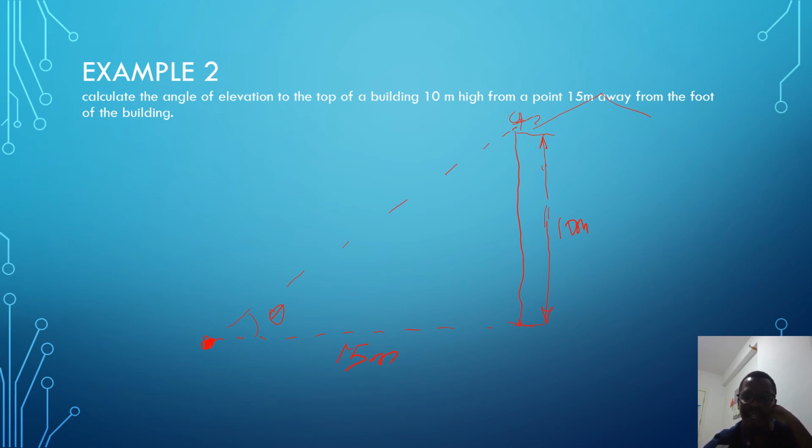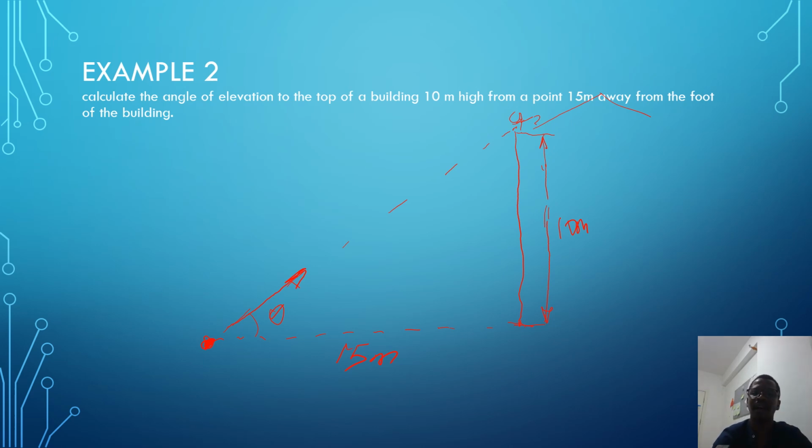So at that distance, 15 meters away from the building, we need to position a gun at that lion so that we should not miss it. The moment we miss it, it is going to cause problems. So you have to put your gun at a certain position, at an angle. So we want to know what is that angle going to be.